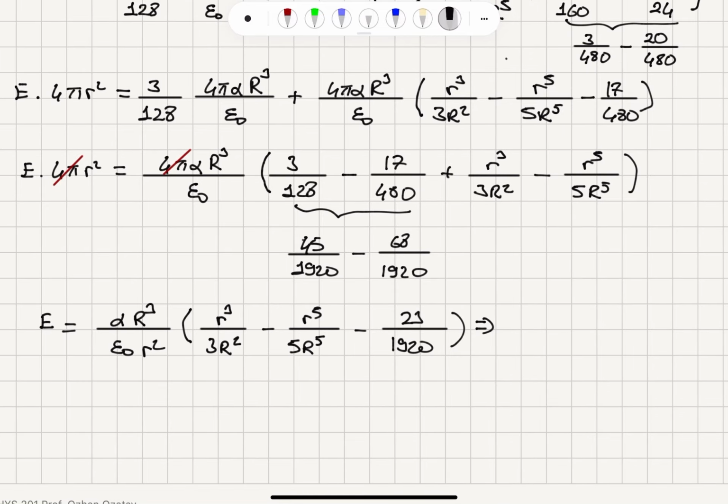How about the other region? Let's open up some space here. If I consider this region for r greater or equal to capital R, the charge enclosed will be the total charge, capital Q. So the electric field for r greater or equal to capital R will just be equal to K capital Q over R square in R hat direction.